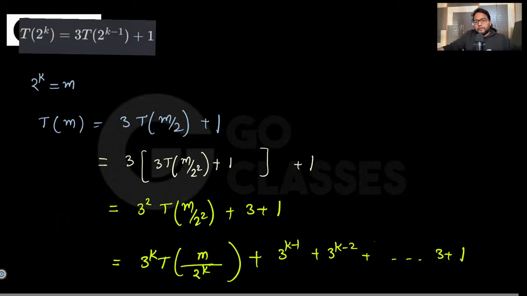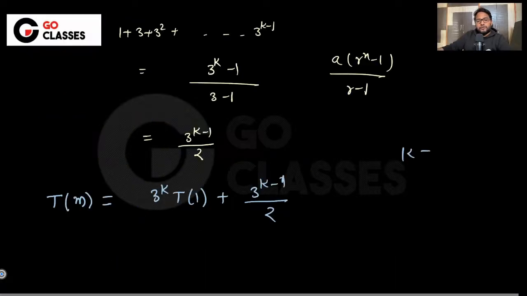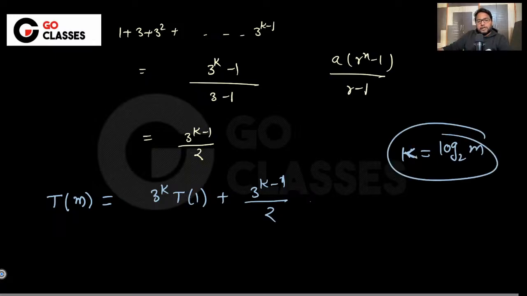And k is, from here you know, log base 2 of m. And T of 1 is given to be 1, so that's why it is 3 power k plus 3 power k minus 1 divided by 2.